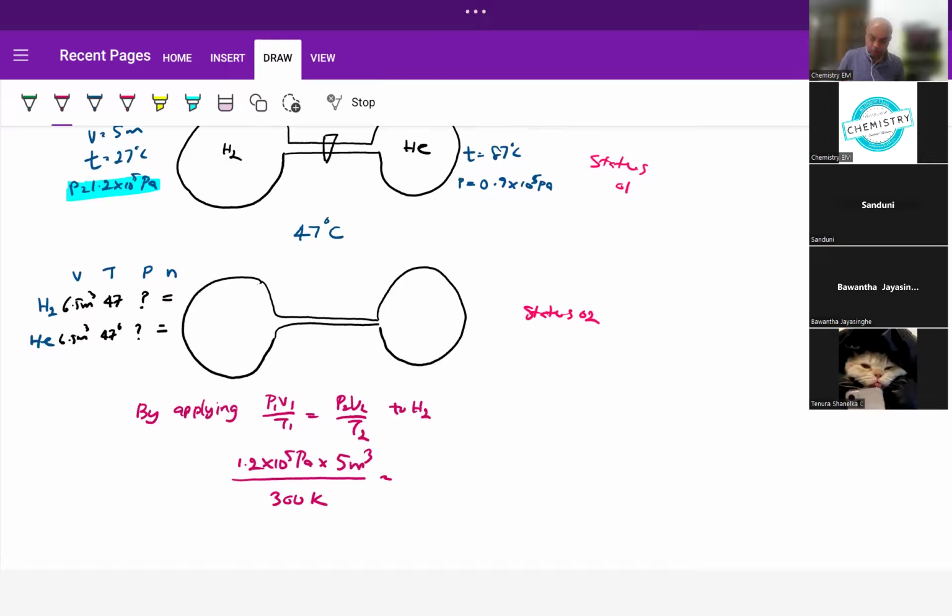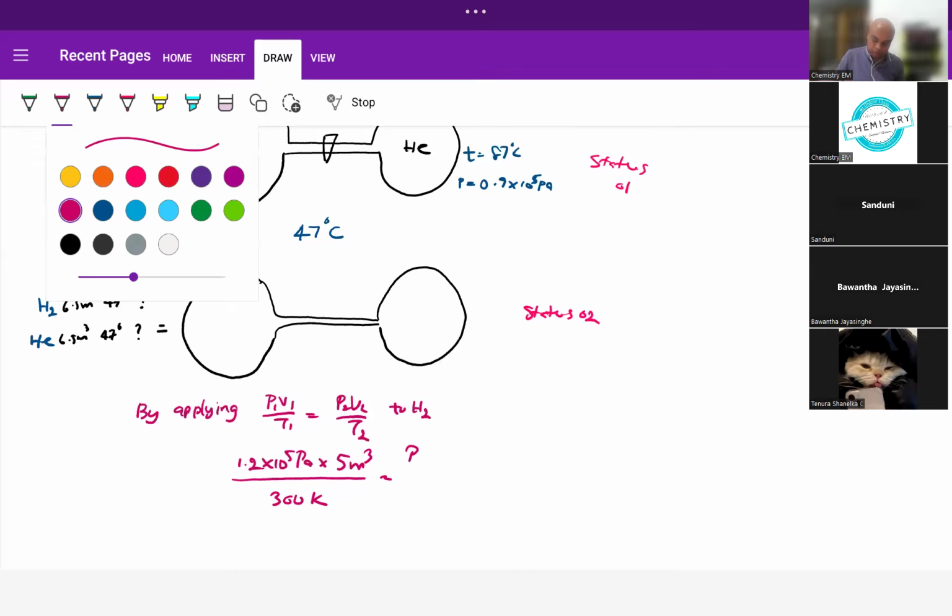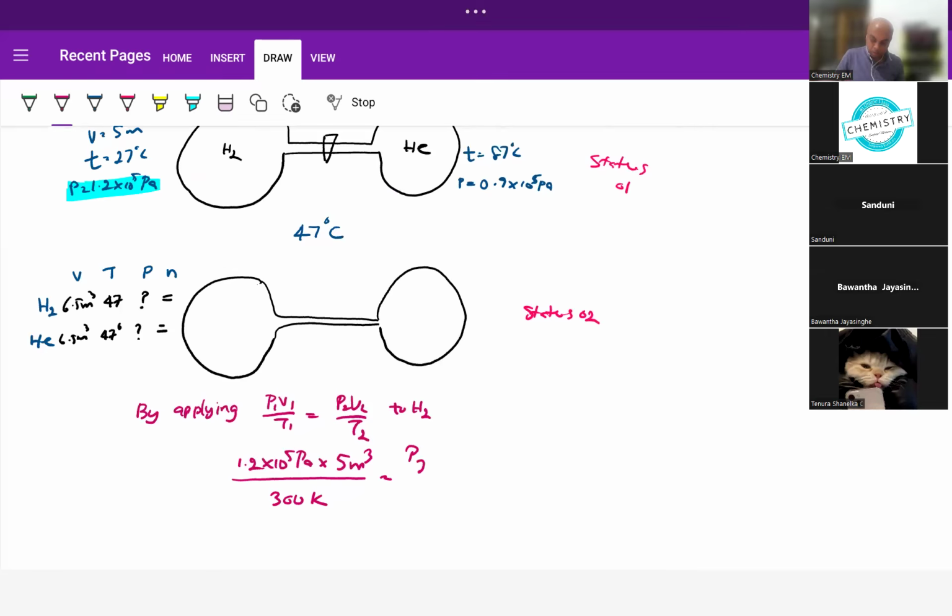This is what we are going to find, right? P2 into V2. V2 is now 6.5 cubic meters divided by T2, which is 47 degrees Celsius, 47 means 320 Kelvin.